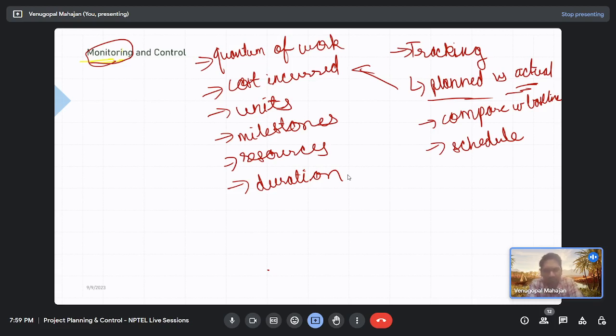Okay, just one small idea I would like to plant in your minds. You plan for your day in the morning. By afternoon, how do you decide whether you are on track, falling behind, or ahead?